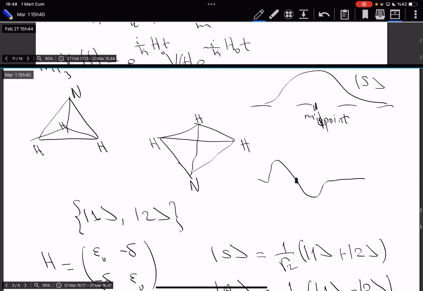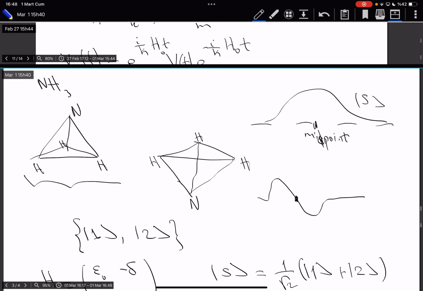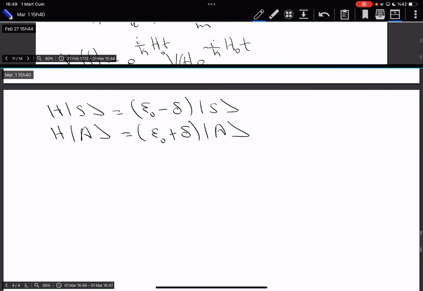Now, each one of these systems has an electric dipole moment. So if you put these in an external electric field, they will have an additional energy given by this.